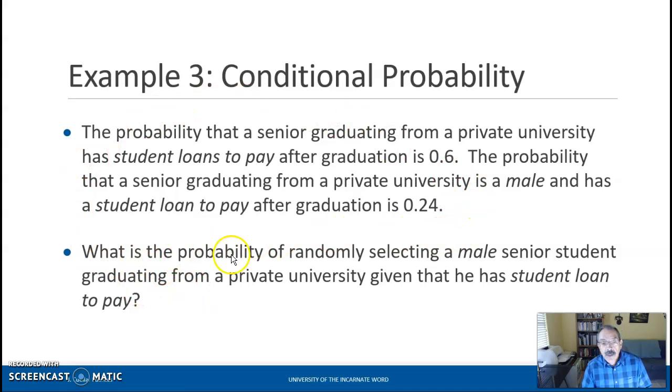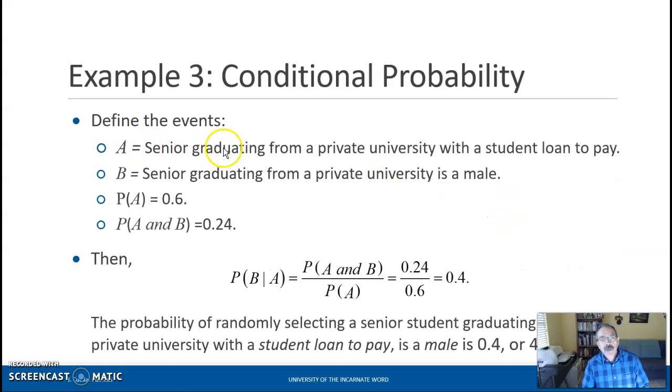So if you look at this, there are 2 events involved, that of being a male and that of having a loan to pay. So the probability that a senior graduating from a private university has a loan to pay is 0.6. And the probability that the senior graduating from a private university is a male and has a student loan to pay is 0.24. So here I'm reflecting the 2 events of interest and the probabilities that I'm given.